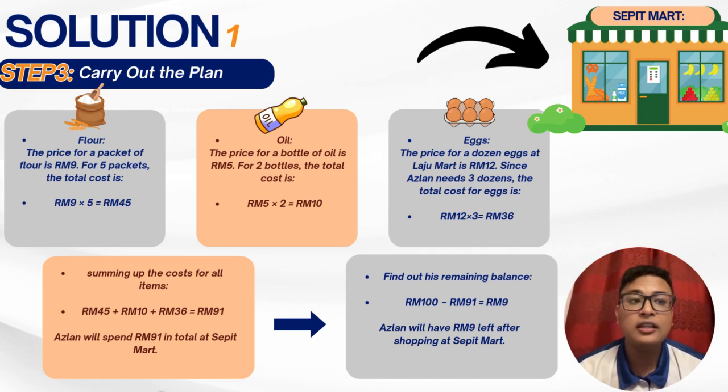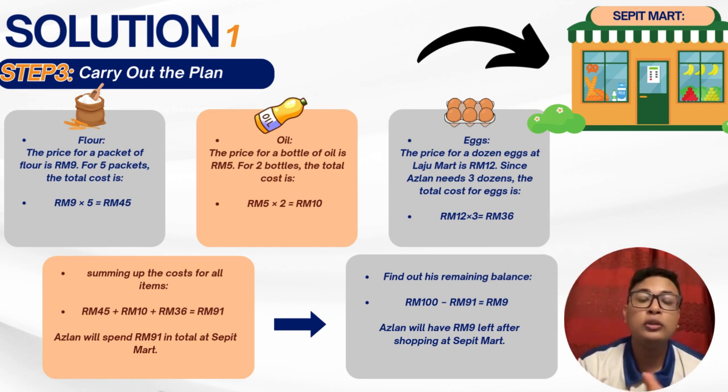So Azlan needs to multiply 12 with 3, which equals 36 ringgit. And we have to sum up all of the costs, which is 45 plus 10 plus 36 equals 91 ringgit. So from this, we know that Azlan will spend 91 ringgit in total at SYAHMI.